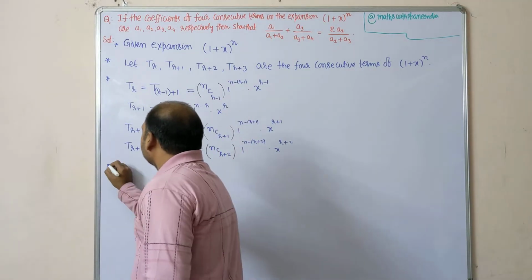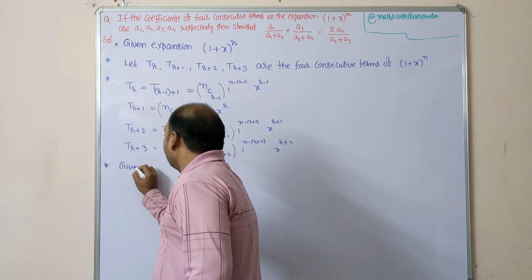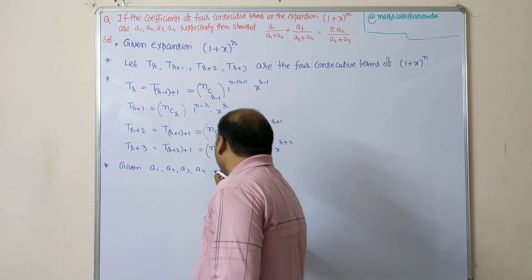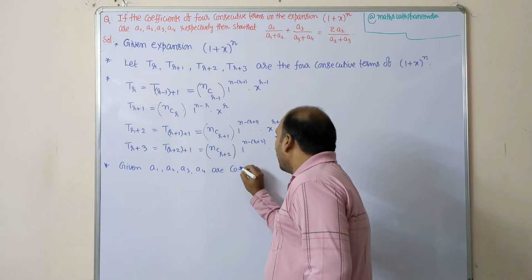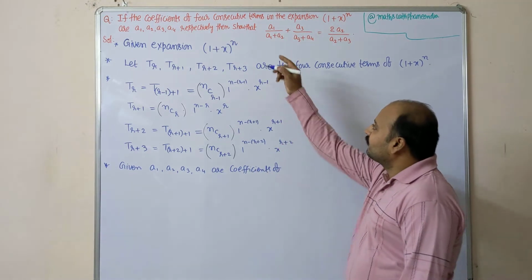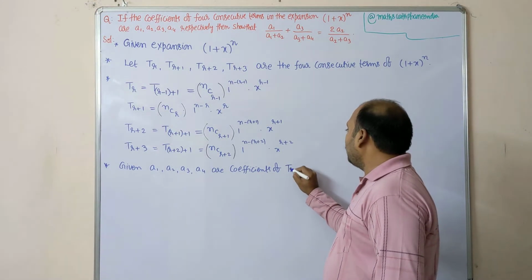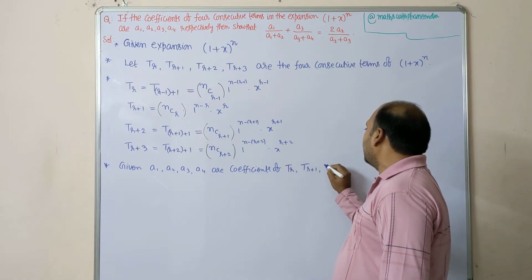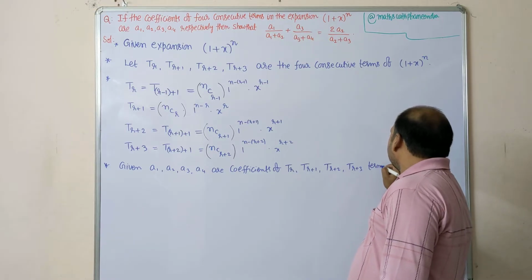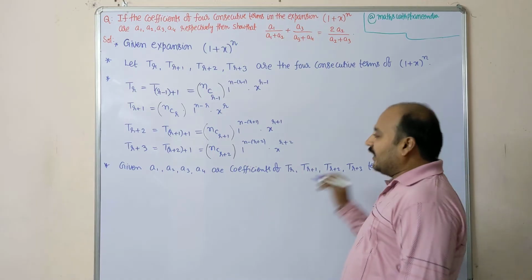Therefore, here, given A1, A2, A3 and A4 are coefficients of the T(r-1)th term, T(r)th term, T(r+1)th term and T(r+2)th term respectively.